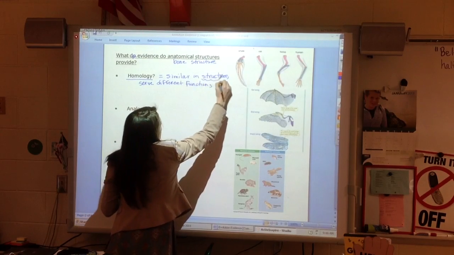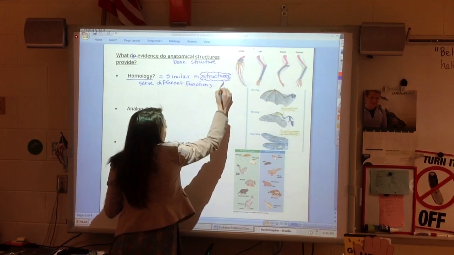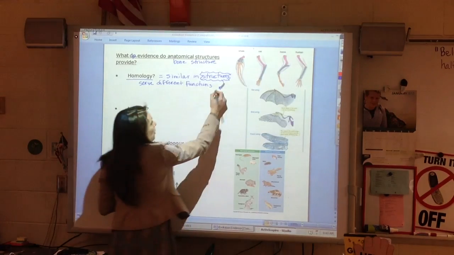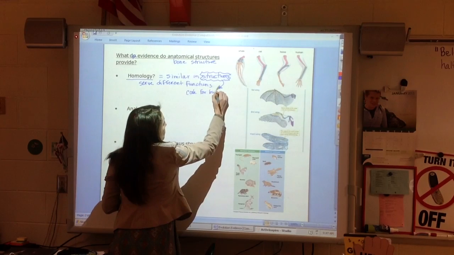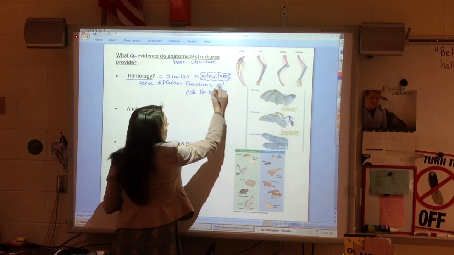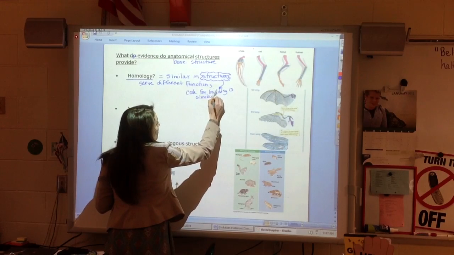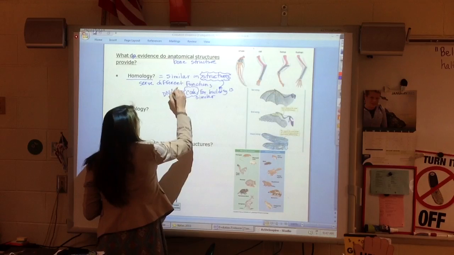What we want to focus on is this idea of if they are similar in structure. If they are built the same, that probably means that the code for building them is similar. Anytime we talk about a code in biology, really what we're talking about is DNA.